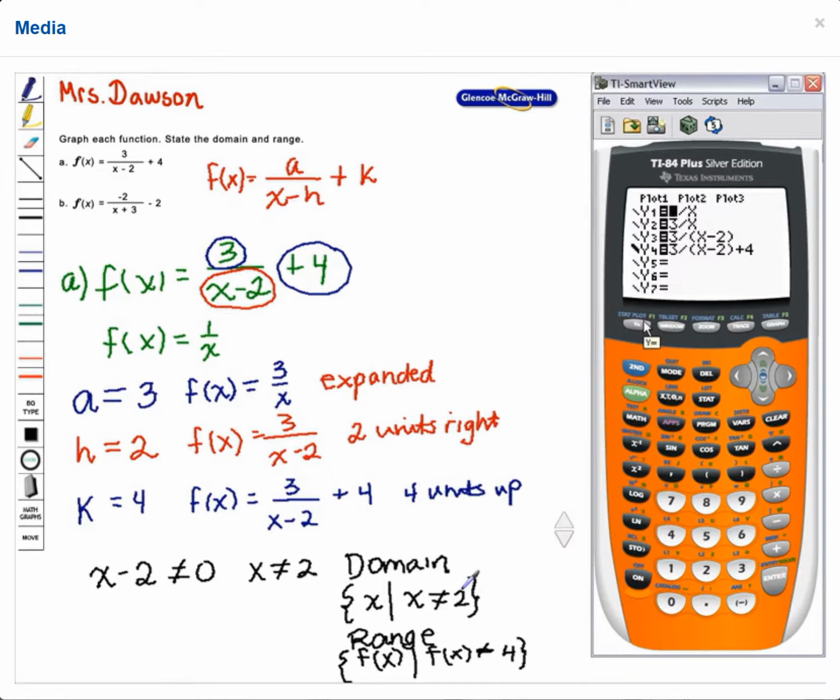Part B. Very similarly, we'll begin with 1 over x, and then we can change the 3 to a negative 2, and we'll be dividing by x. You can insert instead of typing over. I'm going to change that to negative 2. This time we're dividing by x plus 3.